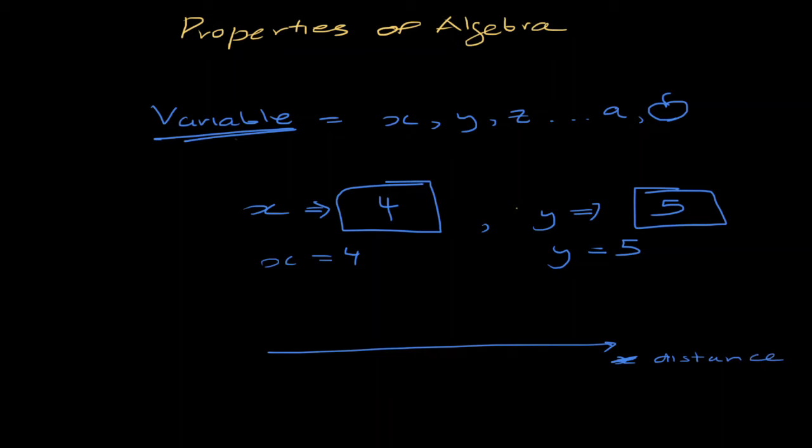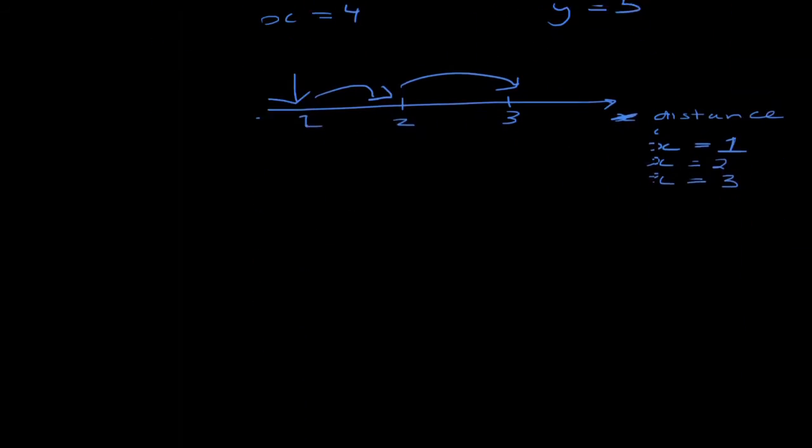If you start here, maybe this is 1 and 2 and 3. If X is your distance, you're starting here at 1, so X is equal to 1, but when you move here now, X is equal to 2, and so on and so forth. So if you move here, X is equal to 3. So a variable can change over time or anything. It doesn't have to be time, it can be based on anything.